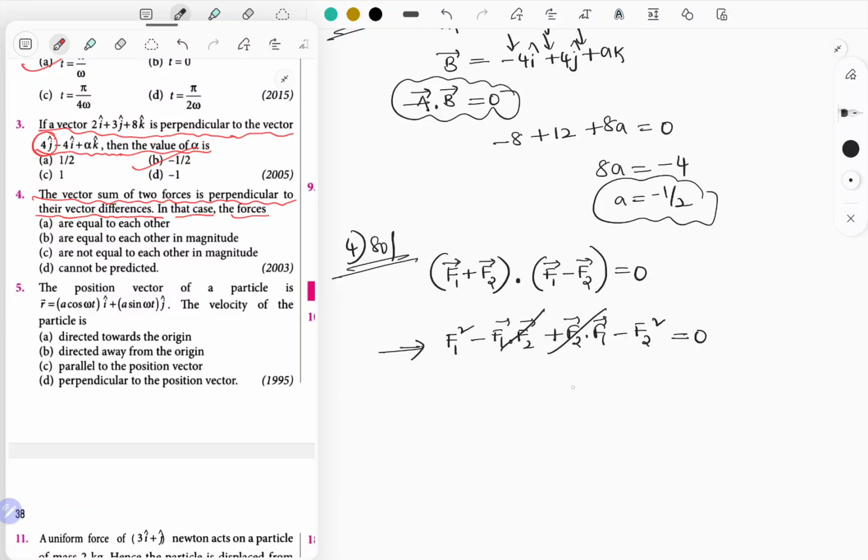So this one will get cancelled out. Then F1 square is equal to F2 square, right? That means F1 is equal to F2. So it means those two forces are equal to each other.